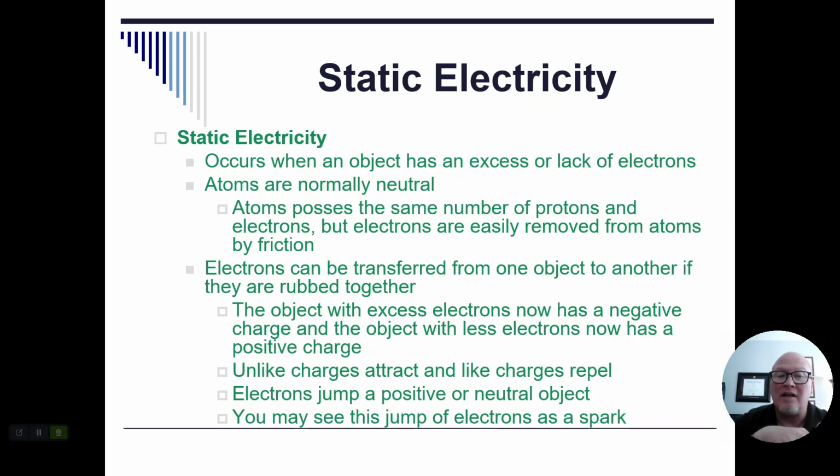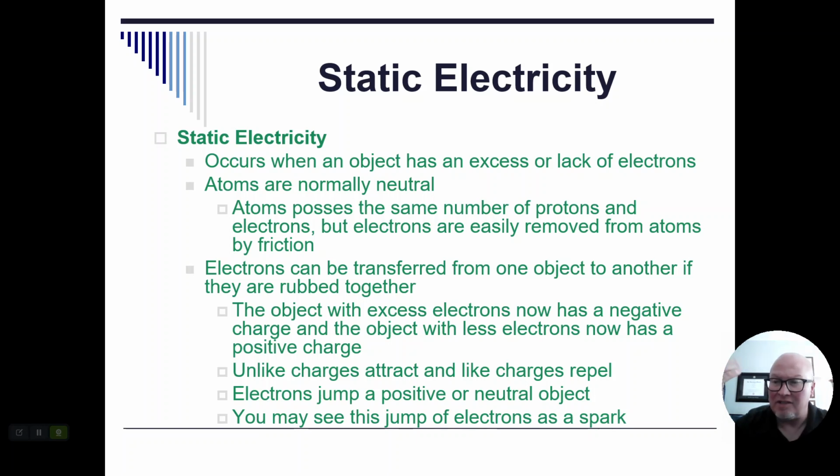Unlike charges attract each other, and like charges repel each other. So when you bring two things close together, the electrons are going to jump in order to make the positive thing neutral and the negative thing neutral. You actually see this jump of electrons as a spark. And this is static electricity.